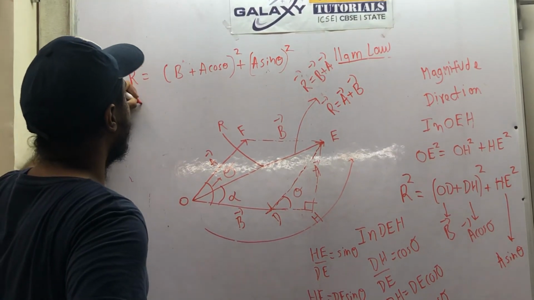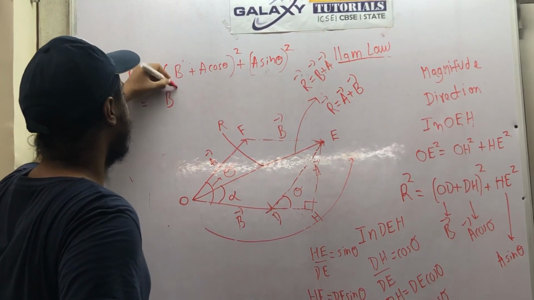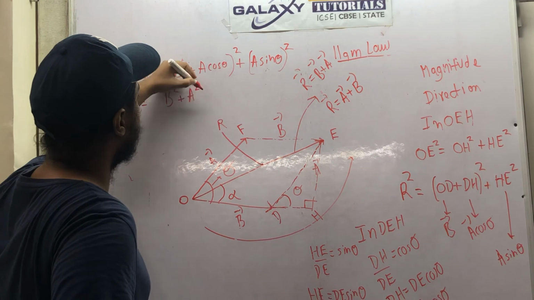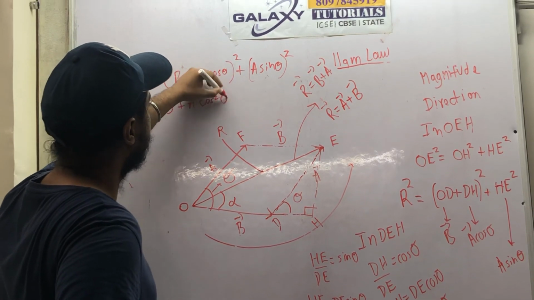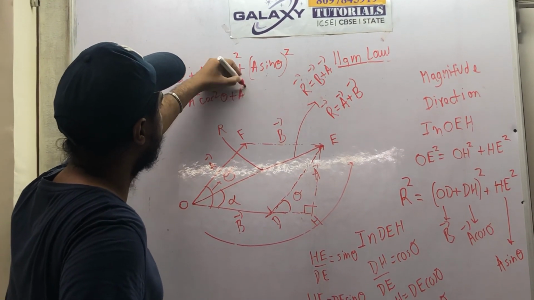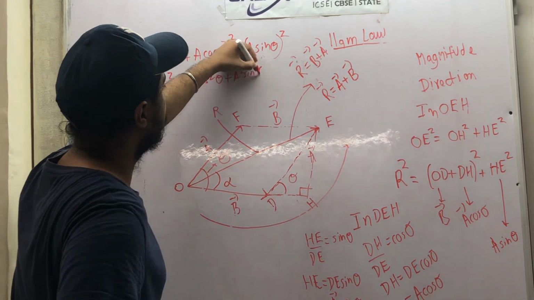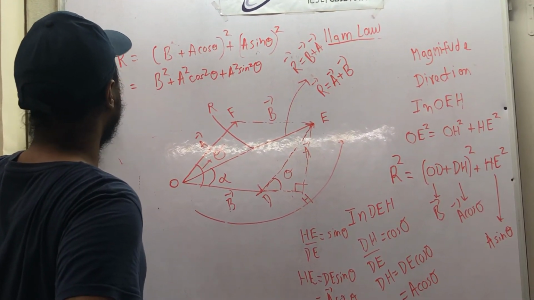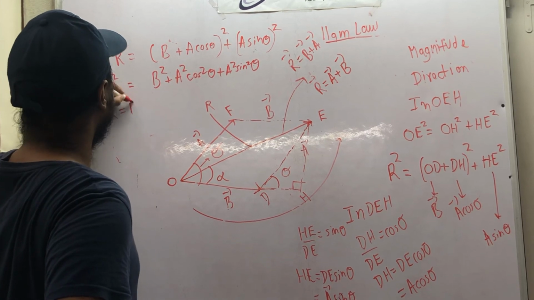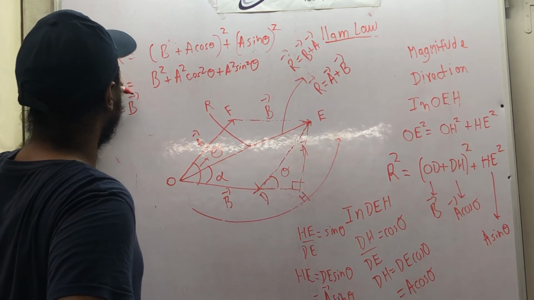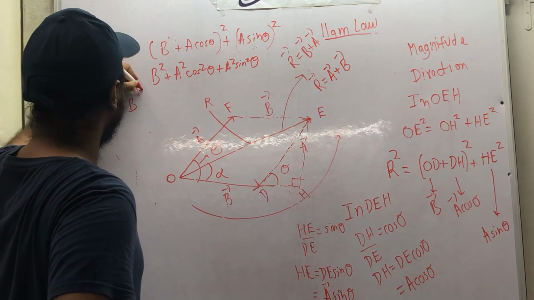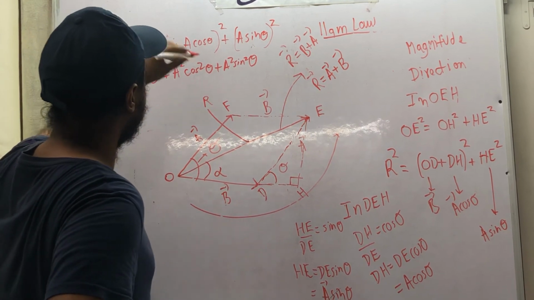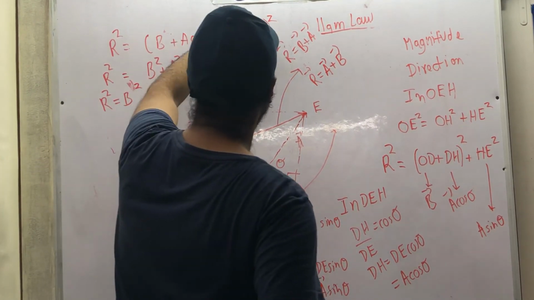So now we will simply open the whole square. It is the same thing that we saw in the triangle law. I forgot one term here.